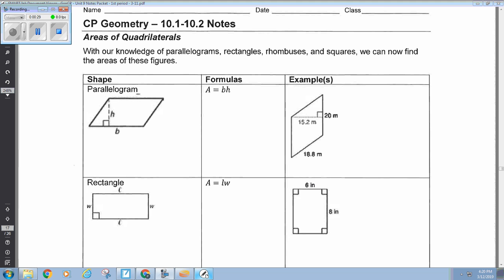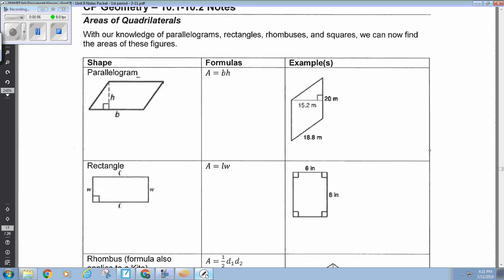So after this lesson, you should be able to find the area of any of these four shapes, but also to solve problems involving these shapes. It could involve algebra, it could involve Pythagorean theorem, it could involve trig, so be prepared for all of those things. To start, we're going to look at how to find the area of a parallelogram.